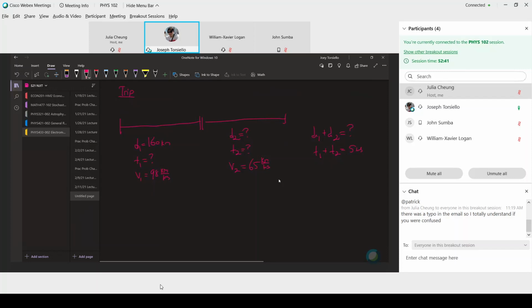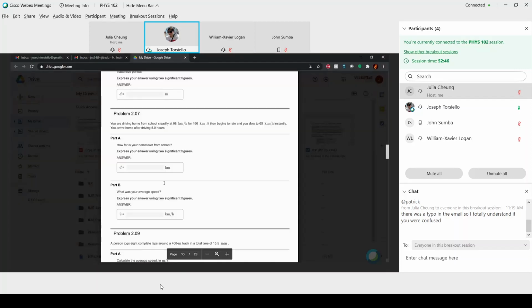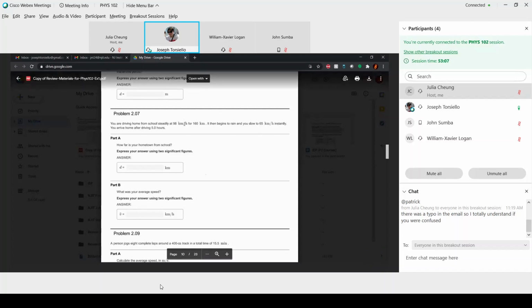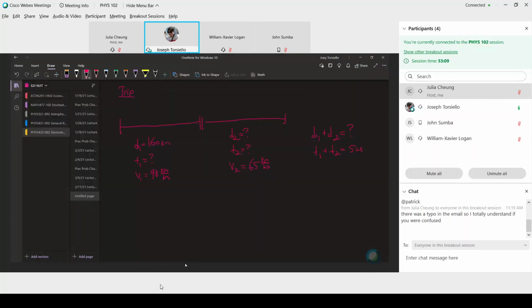So what we're trying to find is D1 plus D2. You're driving home from school steadily at 98 kilometers per hour for 160 kilometers. You can find the distance that you're traveling if you have the time, because remember, it's essentially using the same equation.